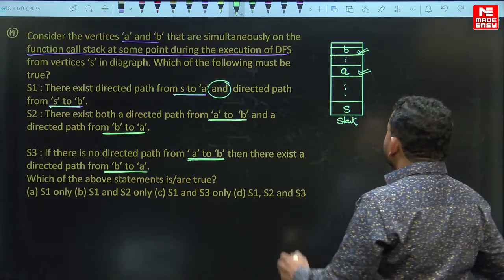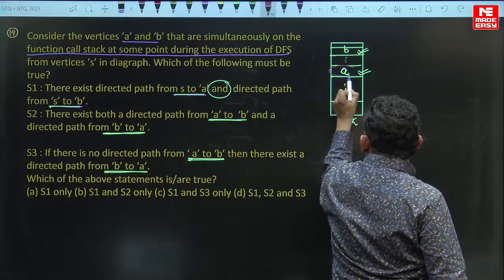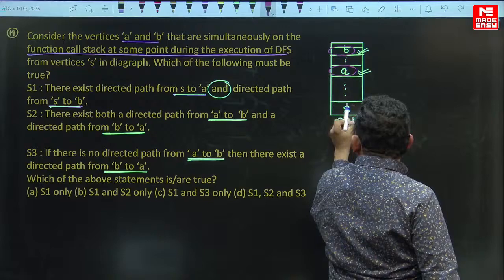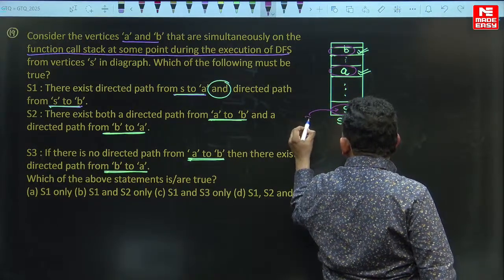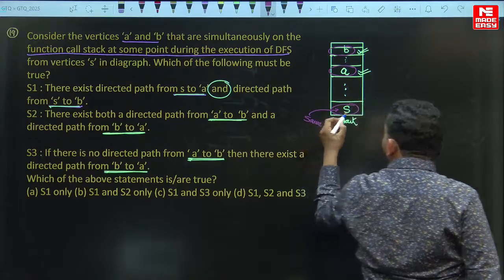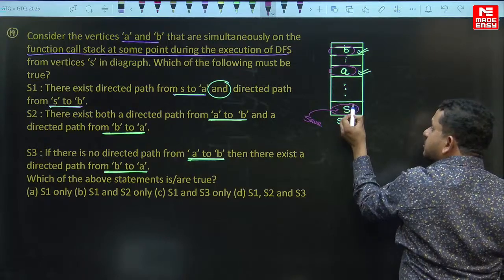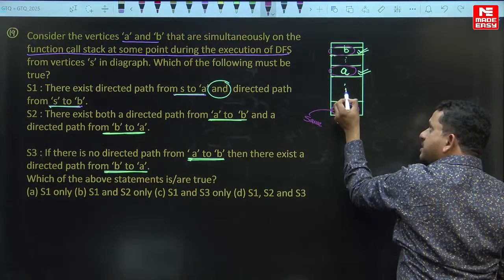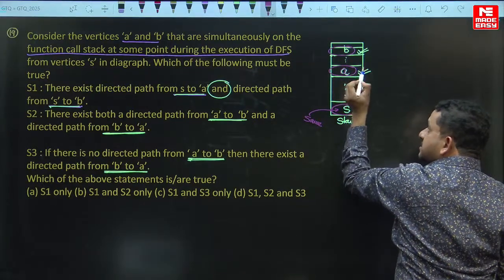Right. So if both A and B are in the stack, and S is a source, then S is the first entry added into the stack. From S the edge relaxation happens, S is explored, then its adjacent vertices, and after that A is explored.